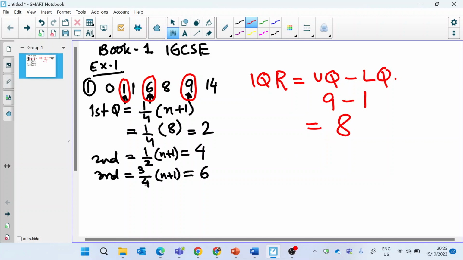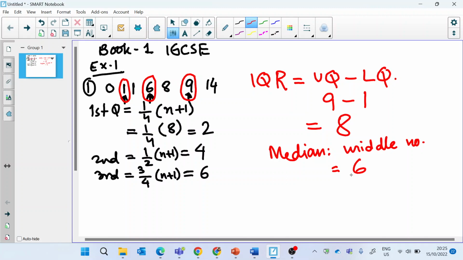The next part was to find the median. The median means the middle number, the second quarter, or the 50th percentile. So the middle number here is 6.